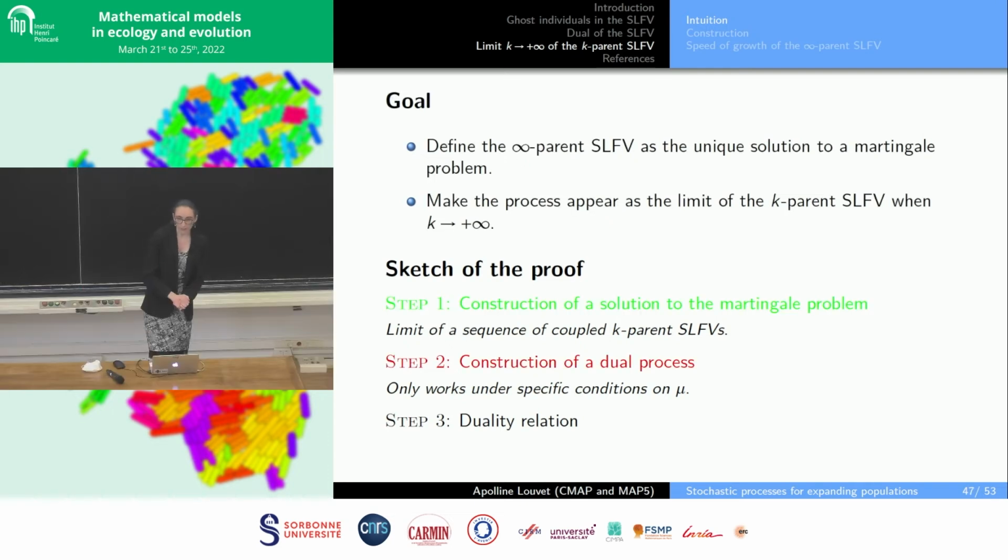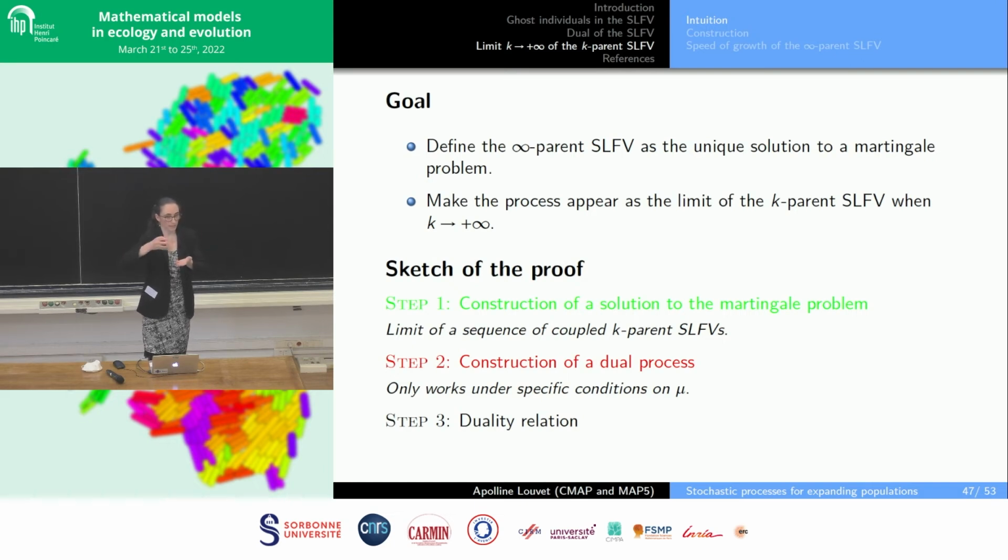Actually, the first step worked really well, and the second step failed in the more general case. If we consider the more general condition on the distribution of radiuses, which I initially introduced, and which ensures that a given location is affected by a reproduction event at a finite rate, then if I only have this condition, the limiting dual process is not always defined.